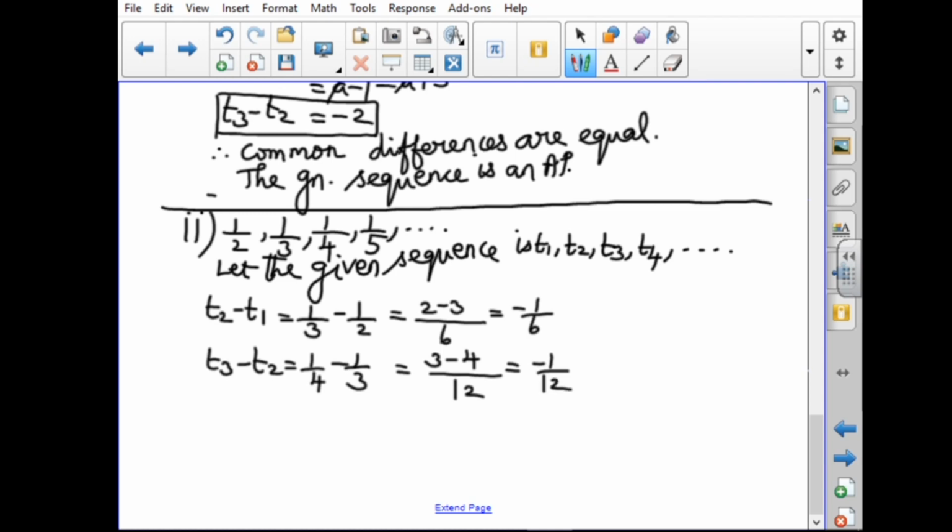Here the common difference is not equal. So T2 minus T1 is not equal to T3 minus T2. Common differences are not equal.